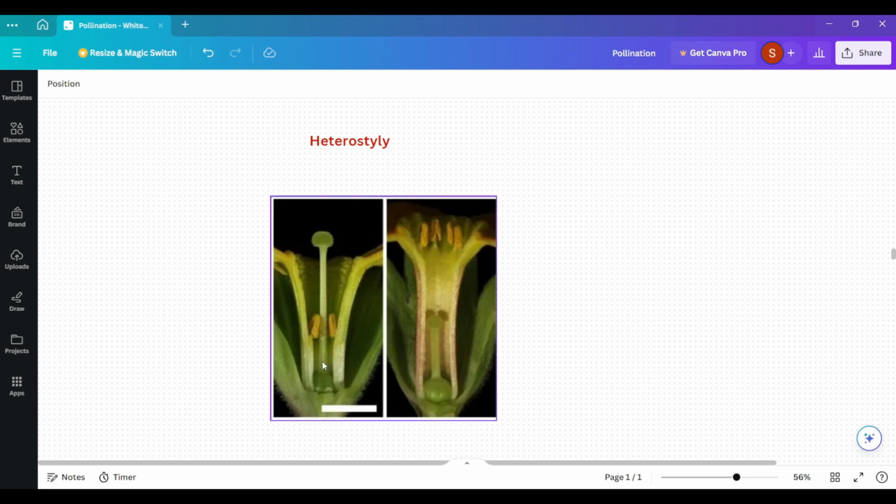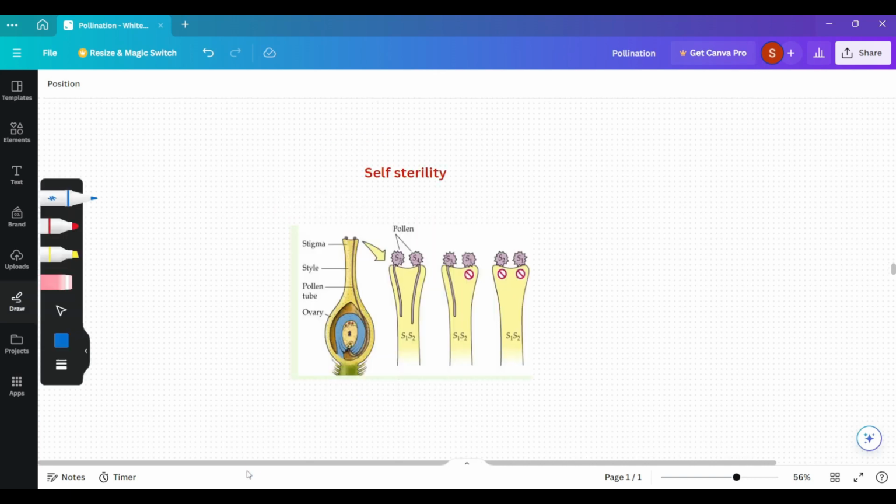So the chances are very small that the pollen of this flower falls on the stigma of the same flower. This is also a condition to avoid self-pollination, an outbreeding device, by which nature enhances the chances of cross-pollination.